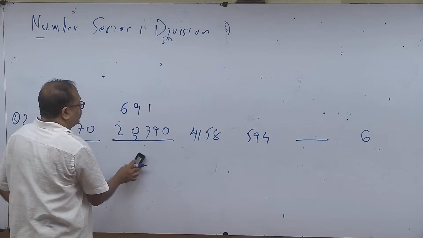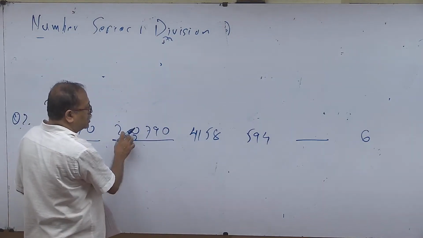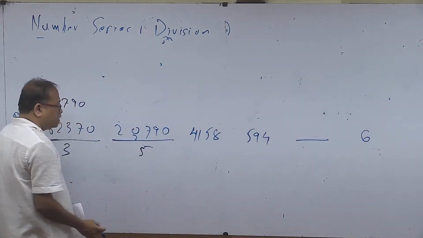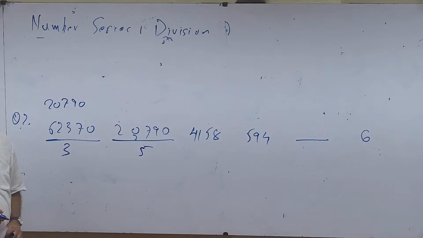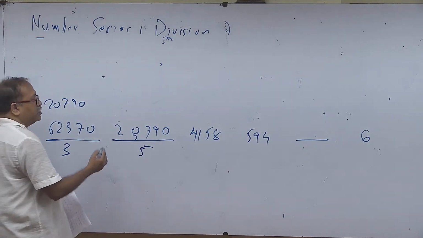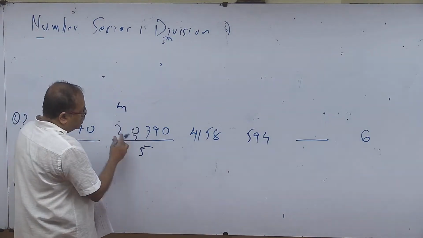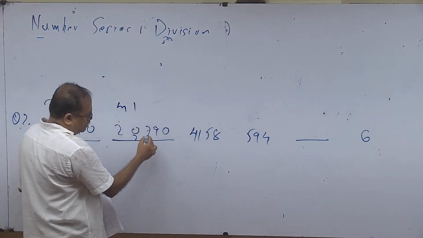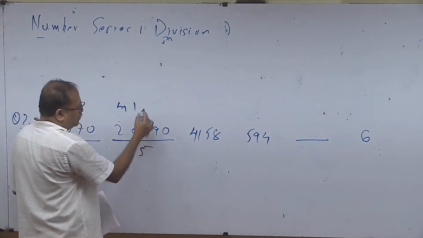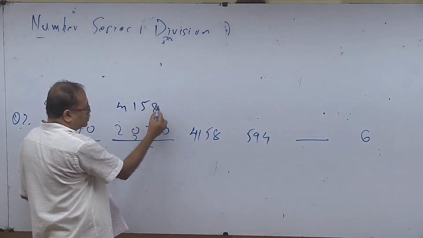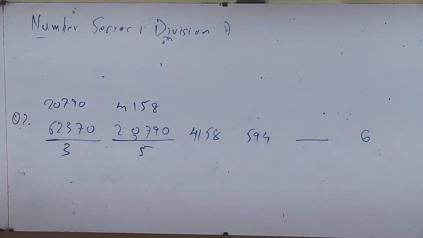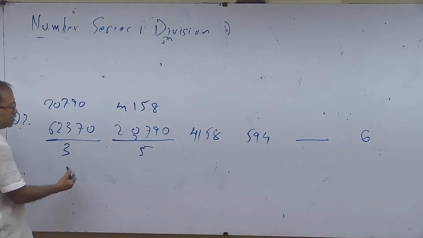No. Why no? Because this is 20,000 and this is 4,000, that means divided by 5. So, check divided by 5, that is 4 times, and then 1 and 2. So, 5 times 5 is 25 and 5 times 8 is 40. I can see exactly the same. So, can you identify the sequence?